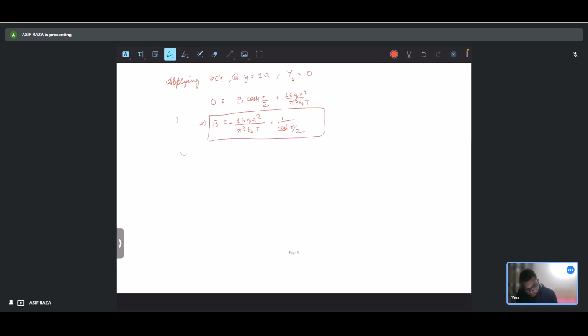Thus our y1 will be given by the relation 16 q a square upon pi cube b1 t times 1 minus cos hyperbolic of (pi by 2a) y upon cos hyperbolic of pi by 2.